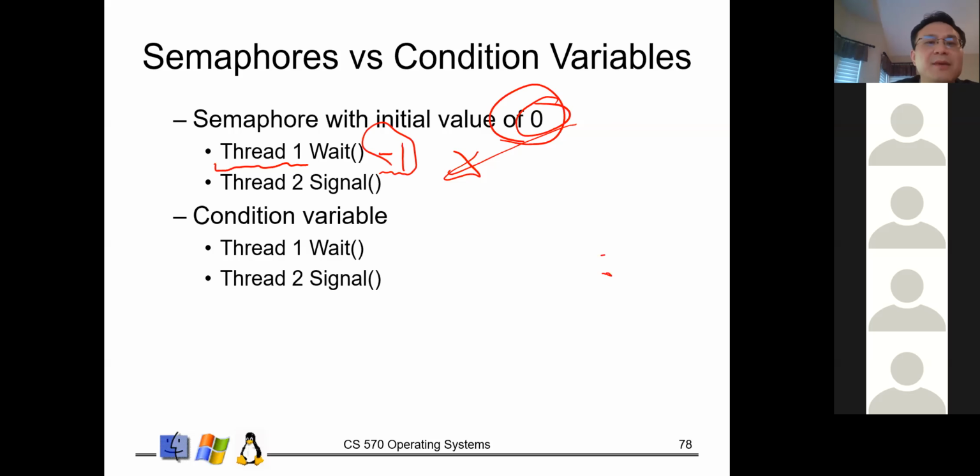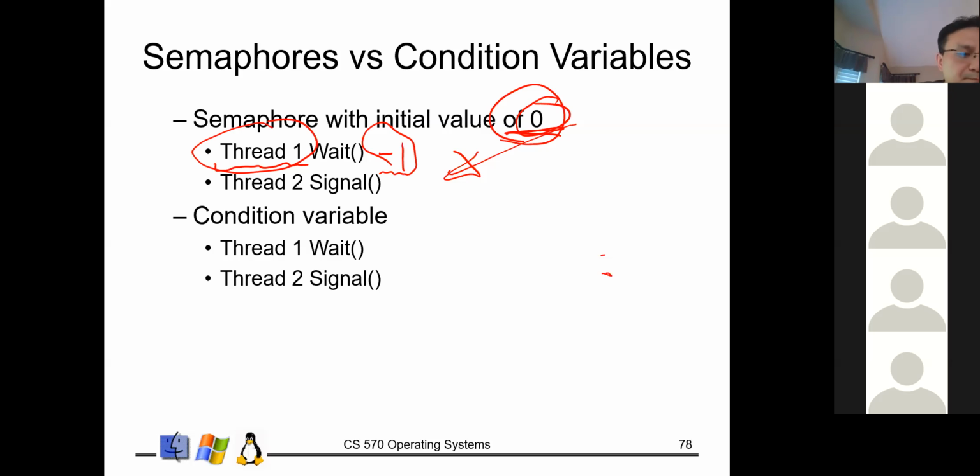That means you don't have any resource available, because your semaphore integer starts with 0. You decrement it, it becomes -1. Then you check on this integer, it is less than 0, so thread 1 will be blocked.